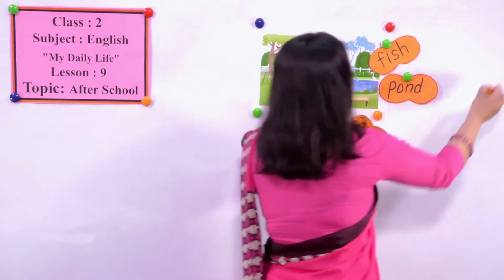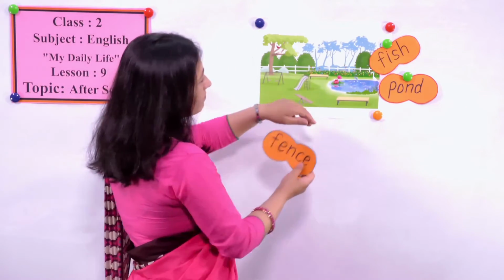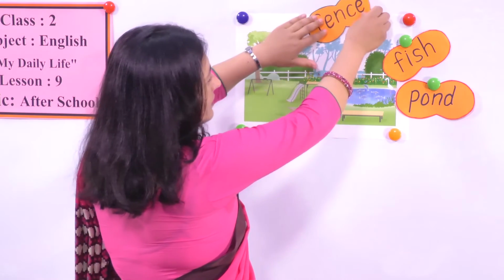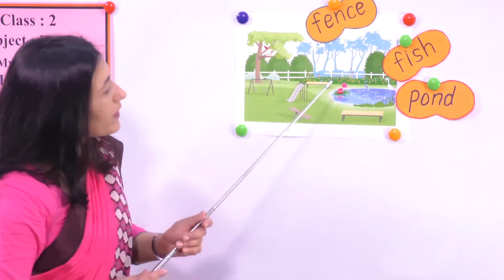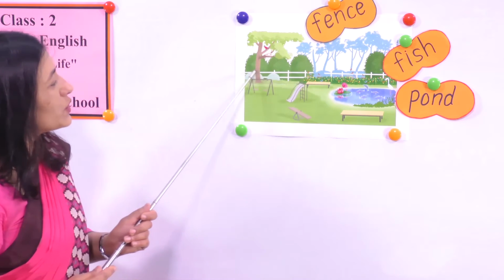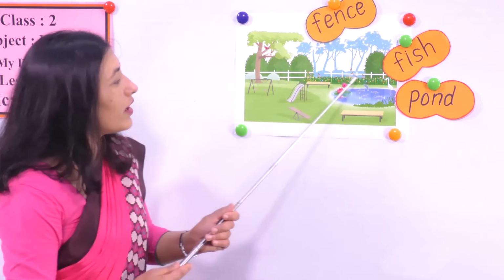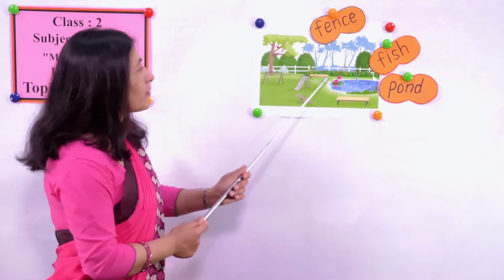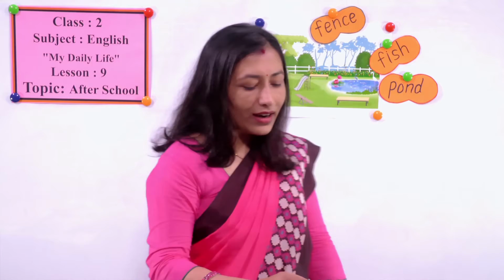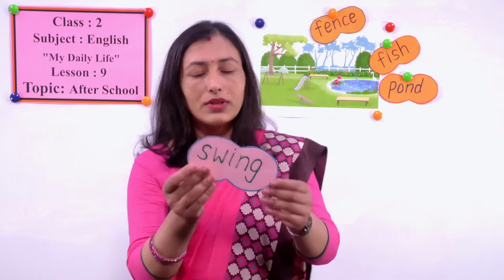So, where can you see the fence here? Over here. You can read the word over here and we will point to the fence here. Look at here. This white one, this is the fence of our garden. Very good. Now, look at another word.